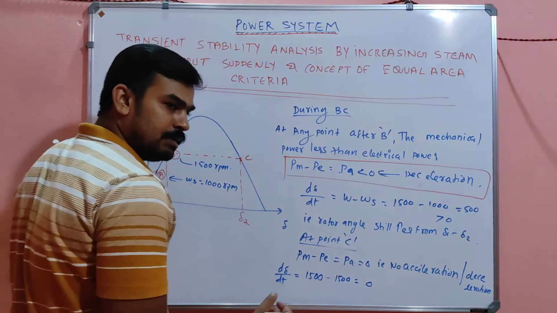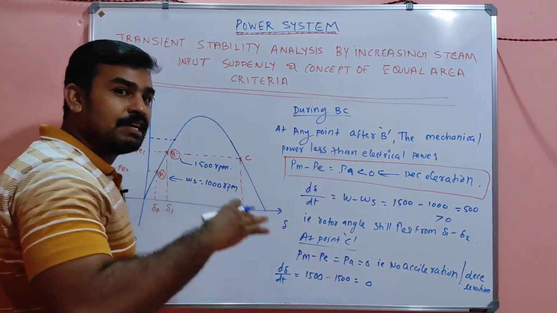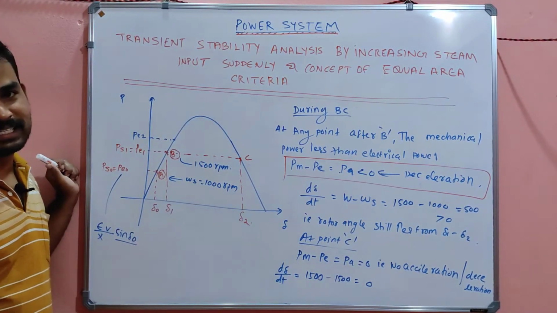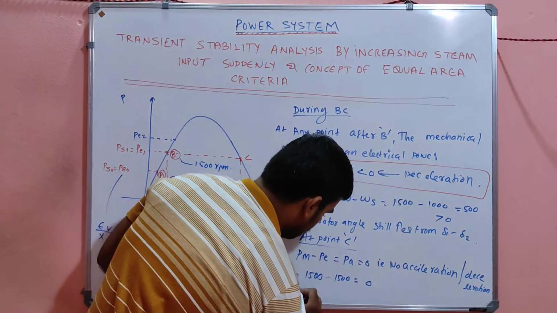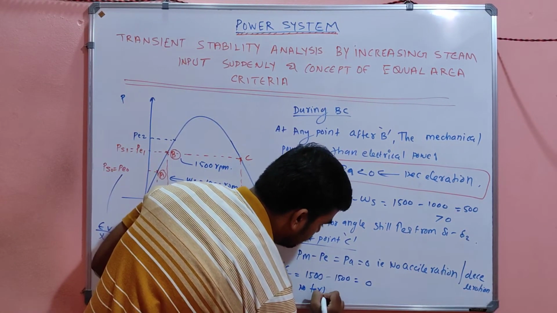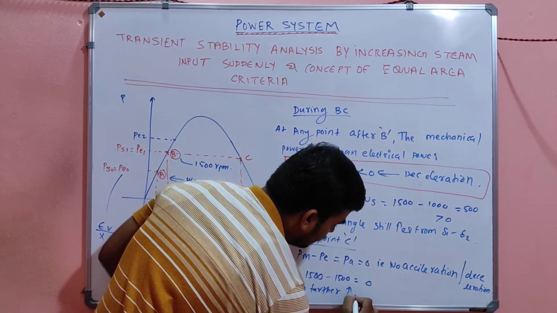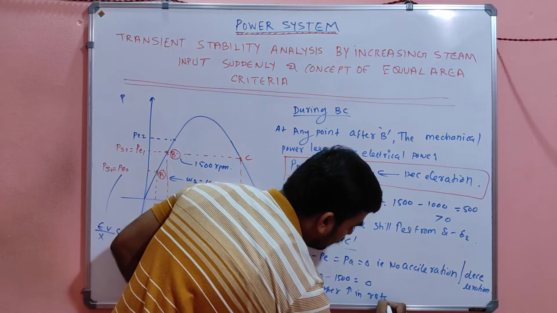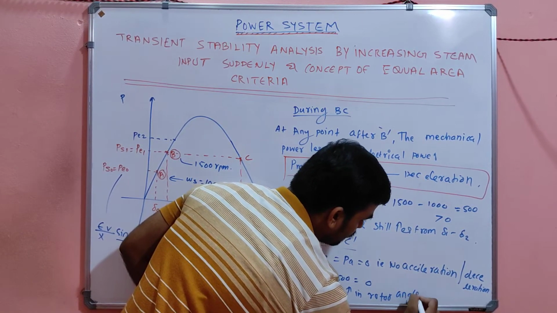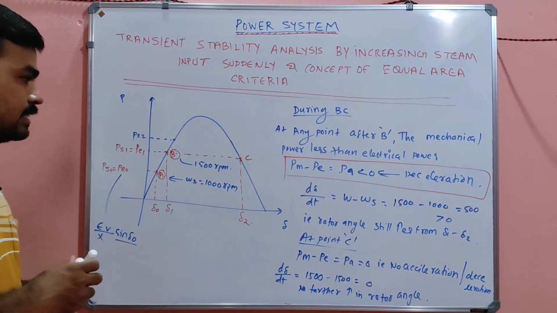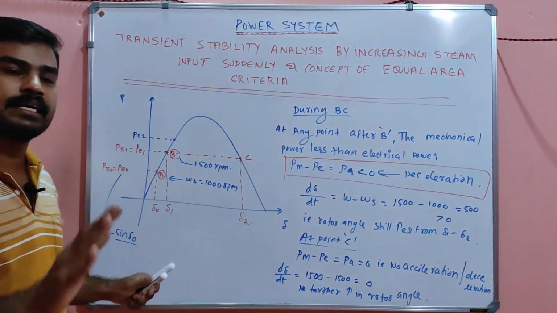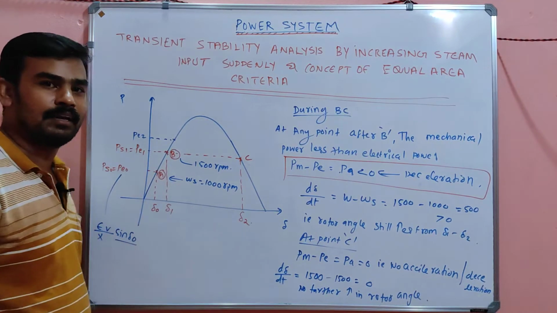D delta by dt equal to 0 means what? There will not be any further increase in rotor angle. That's all. So finally, the rotor angle settles here at point C. There is no further increase in rotor angle.